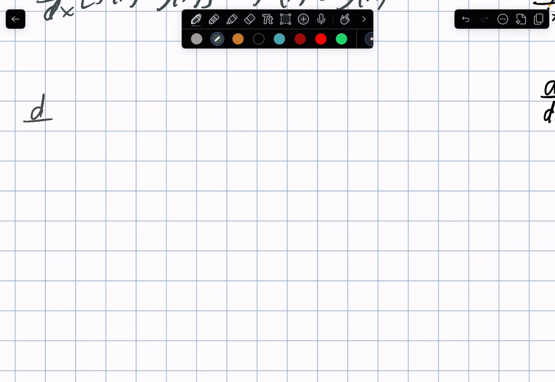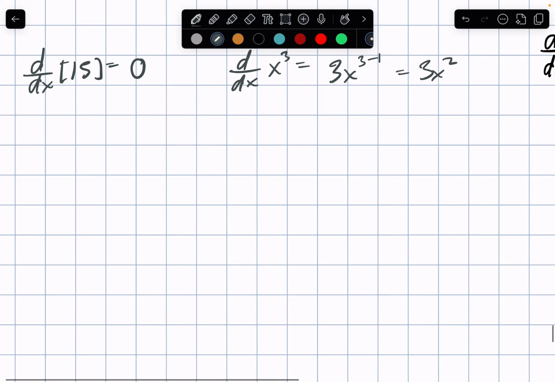So let's try this example. Something very simple. Again, the derivative of a constant is always going to be 0. So next question. Power rule.